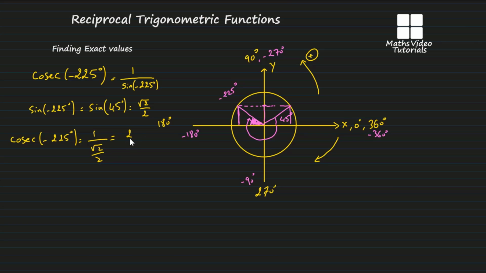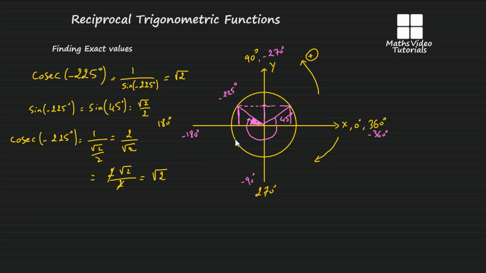It will give you 2 over square root of 2. But normally you would rationalize it. So we multiply by square root of 2 in the numerator and denominator, and the denominator becomes 2, and therefore these 2's cancel out, so we get square root of 2. Cosec of negative 225 is square root of 2.